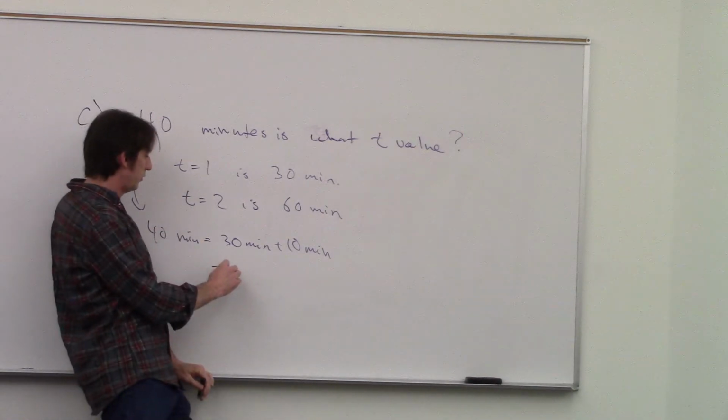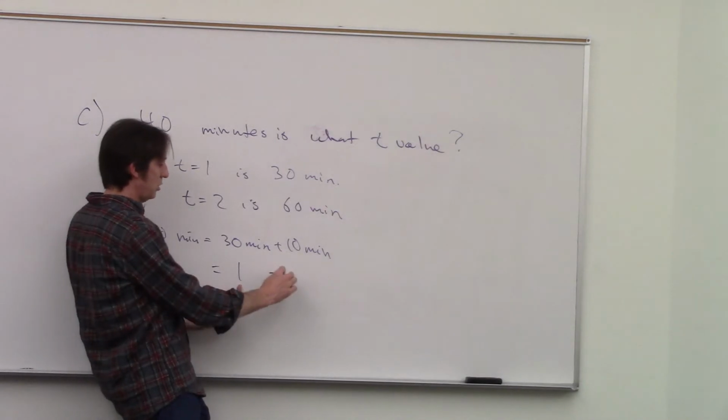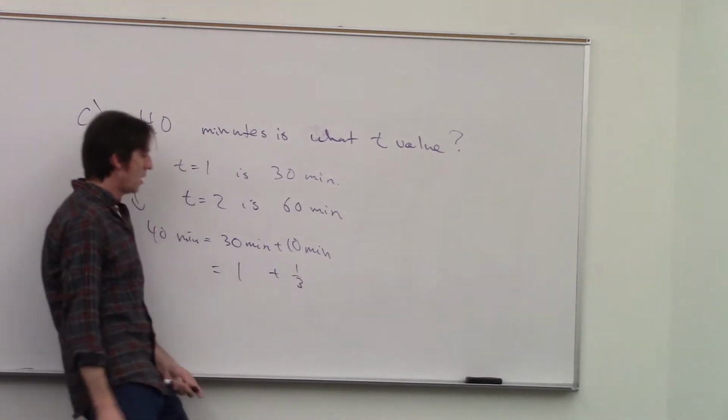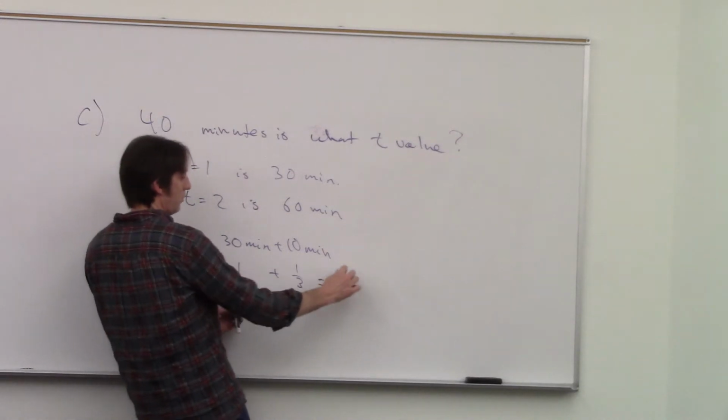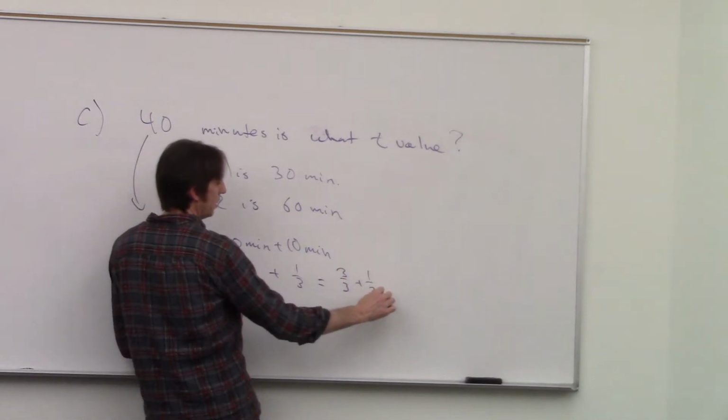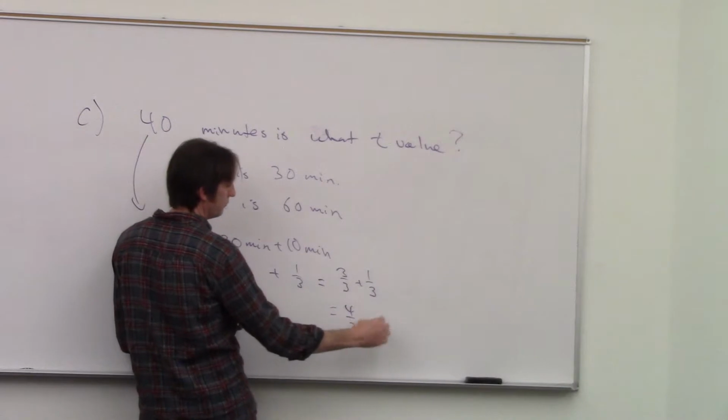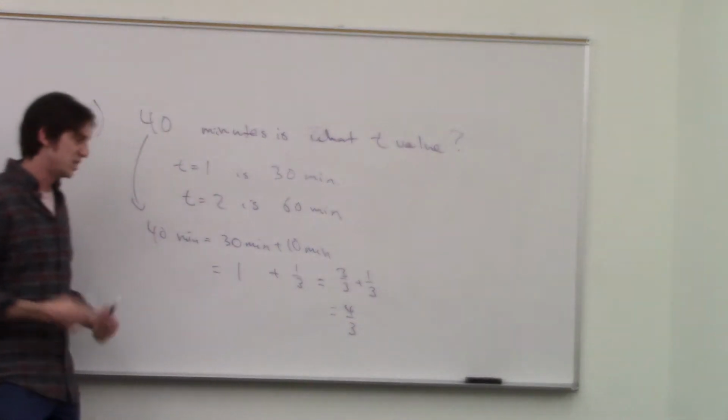And so this is 1 plus 1/3. Okay, and so 40 minutes is equal to 3/3 plus 1/3, which is 4/3, as far as t is concerned.